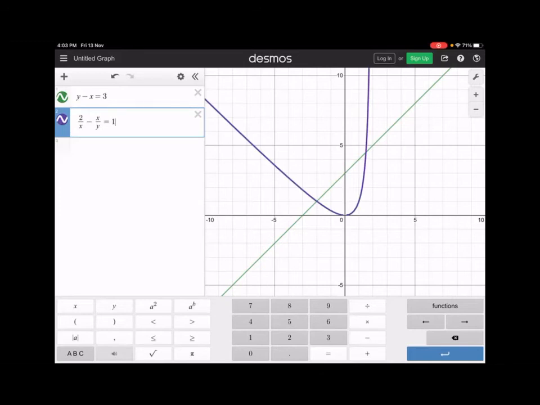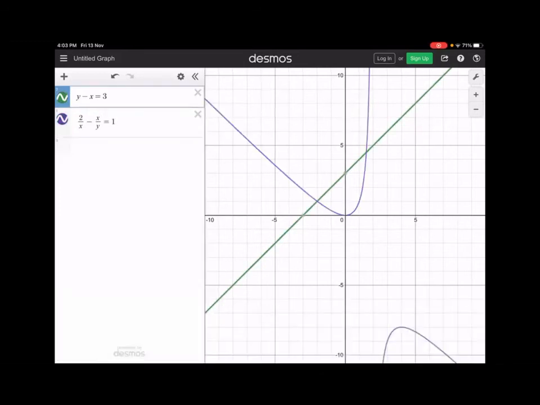So we can see that our answer was, so it is not showing us the value. So it should be lying here, let's say, and it should be lying here somewhat. So minus 2 comma 1 was one of the answers, and 1.5 comma 4.5 was one of the answers.